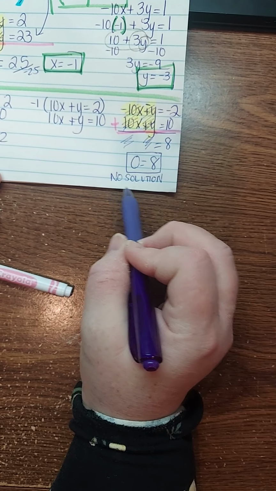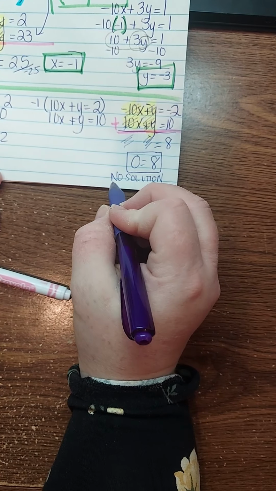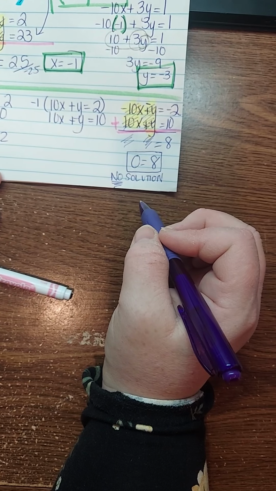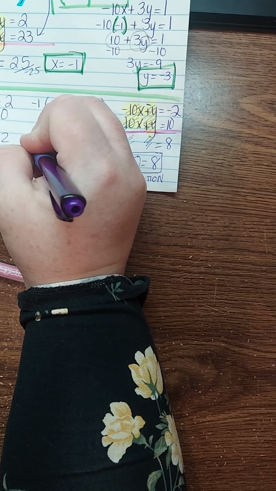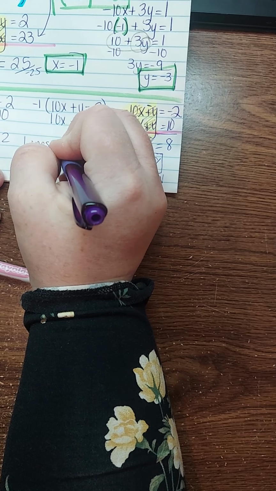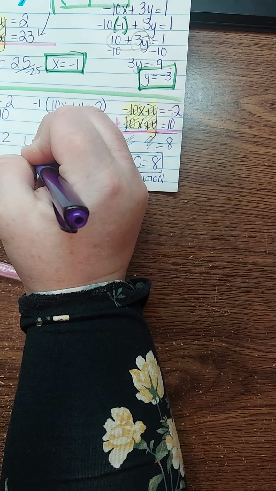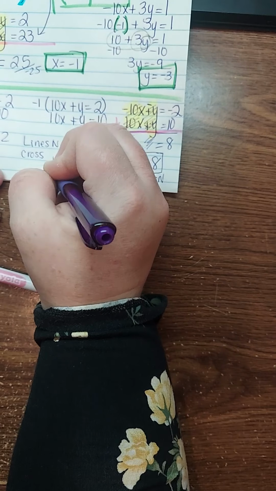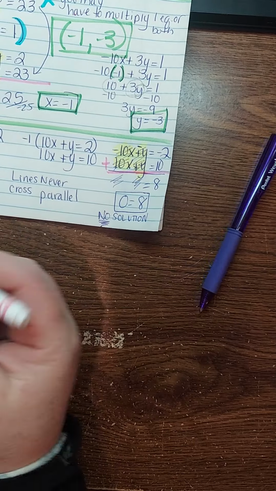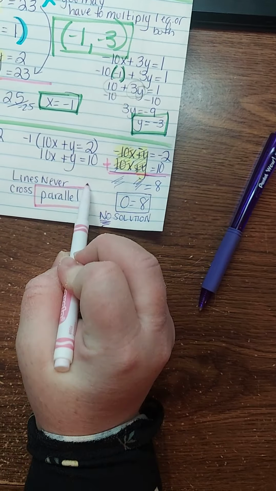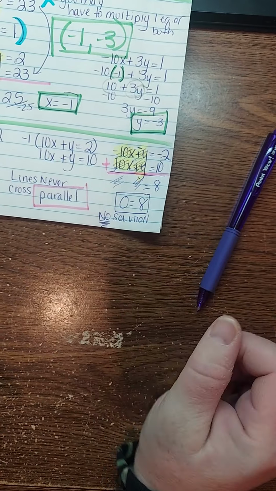So will these lines ever cross? No. So what does that mean if these lines never cross? What does that mean that they are? That's right. They're parallel. Very good. All right, that's all for now.